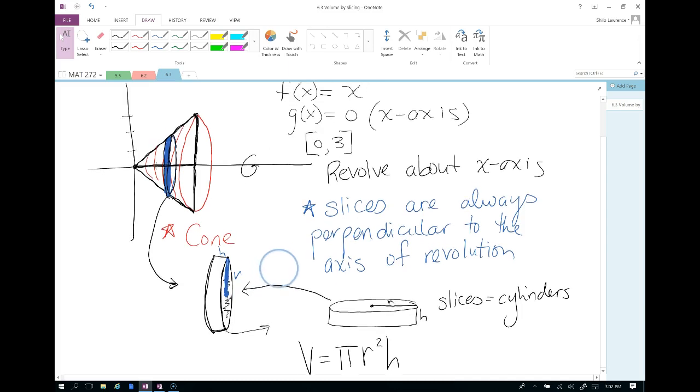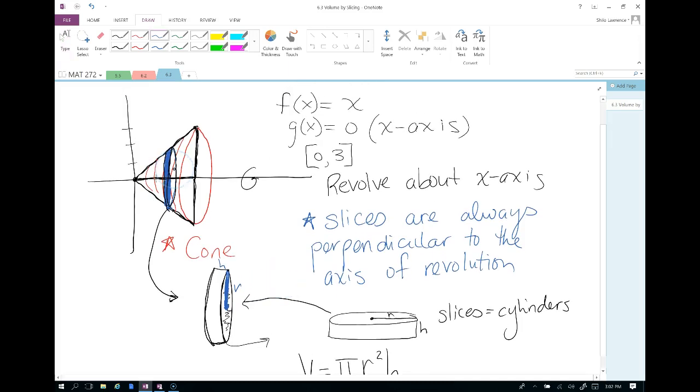And if we look at what this means in terms of the graphs on our function, that height really just looks like a tiny, tiny little x value. It's some tiny little distance along the x-axis. And then the radius goes from our axis of revolution up to the function.